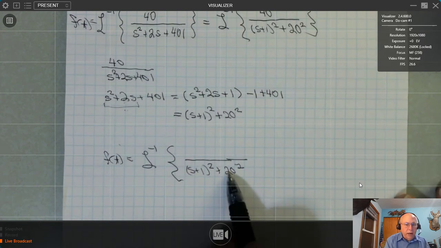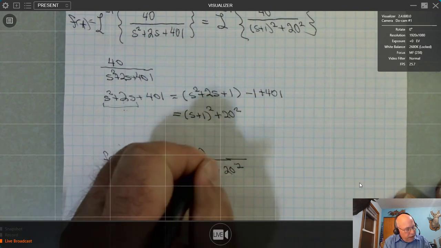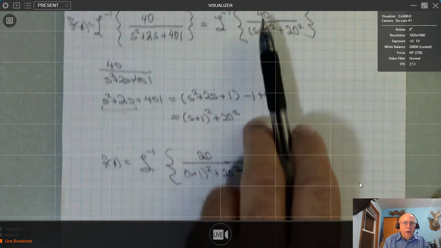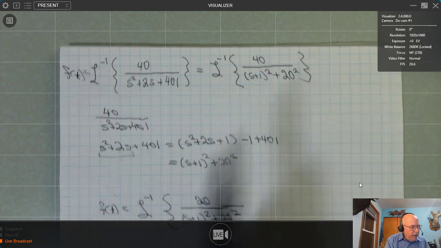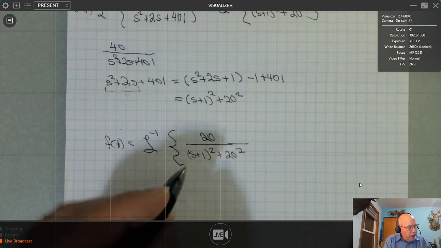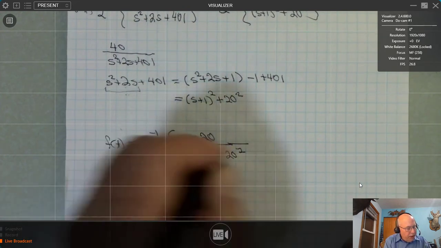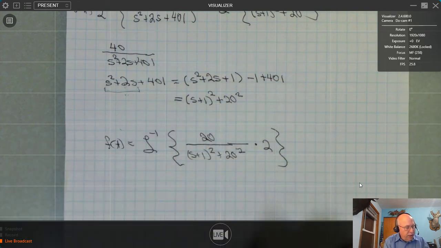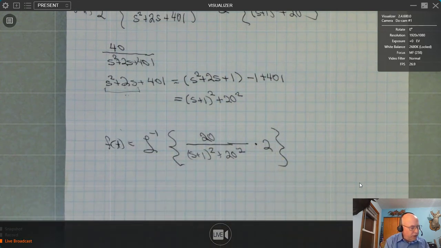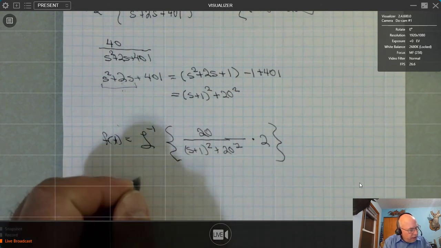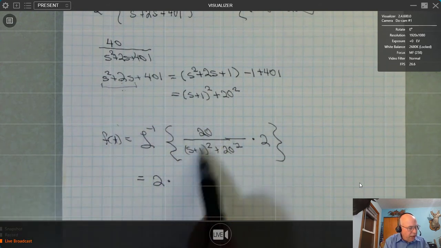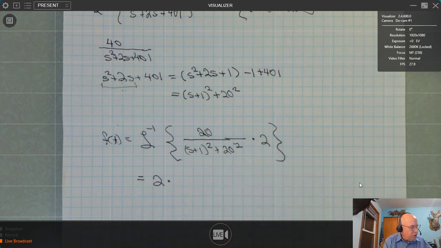This number here and this number here need to match. So we had a 40, what we needed is a 20. Well, of course, there's no real problem with that. You just factor that 2 off, and then you can take that to the outside of the inverse transform. So this is simply 2 times the inverse transform of 20 over s plus 1 squared plus 20 squared.